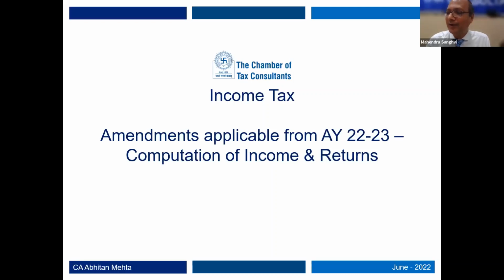He will cover those areas, plus certain expenses which otherwise we were treating as business expenses: the freebies given more particularly by the pharma companies, and the education cess and the surcharge which were claimed as a business expenditure and not disallowed in the computation of income. Those all have to be understood and taken care of while preparing our computation of income.